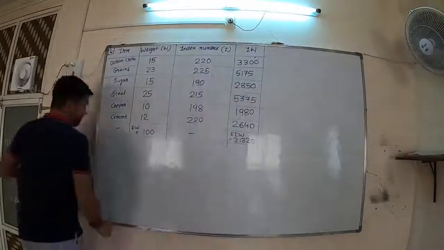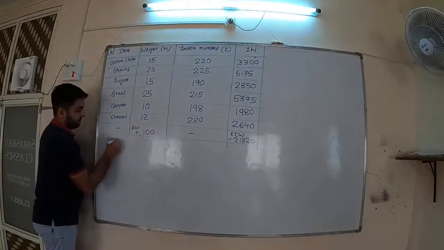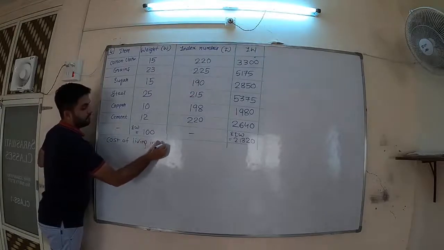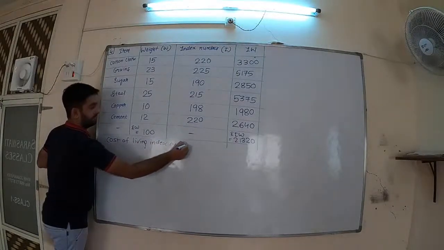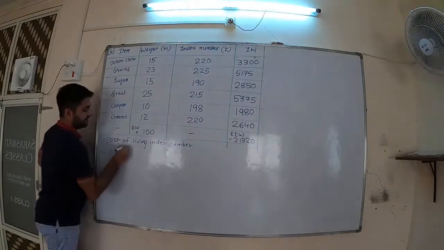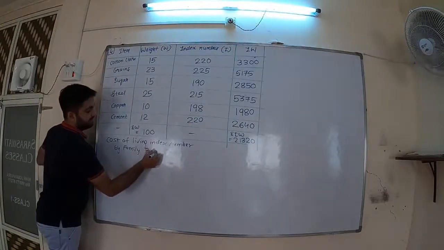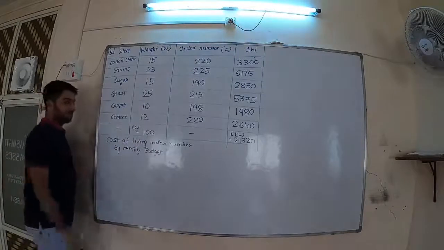Now, cost of living index number. Which method is this? They are not clearing it, but the columns are making things clear.